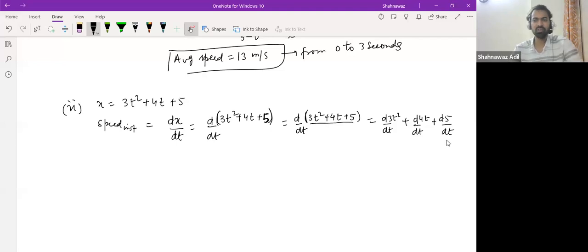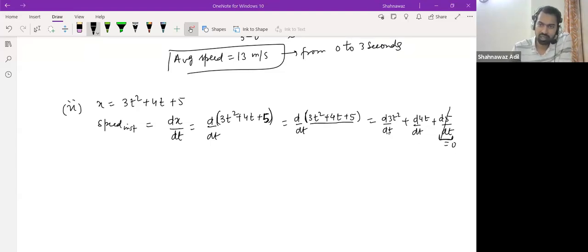What is the differentiation of a constant term, Akib? Please revise, Akib. Differentiation of a constant term is zero.